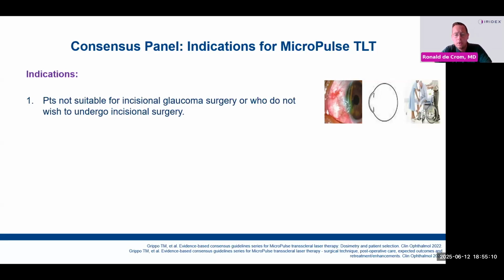For example, because the conjunctiva is of bad quality, or patients with ocular comorbidities. You can think of patients who are aphakic, in whom we know there is a higher chance of complications during surgery or afterwards. Also elderly patients, for whom sometimes postoperative visits are not very easy. You can think about micropulse laser surgery.